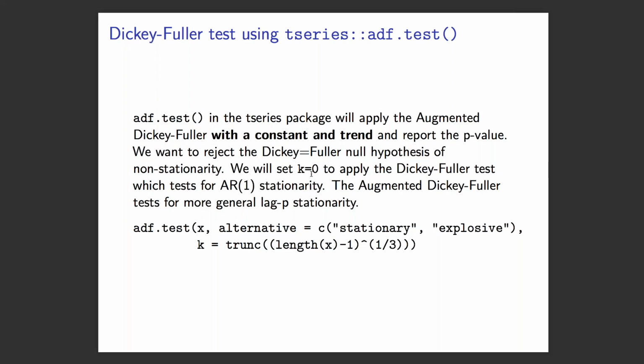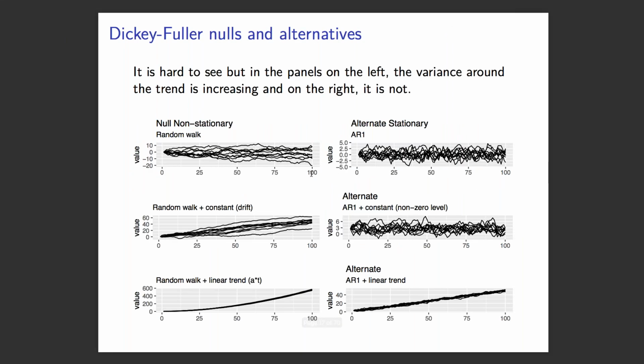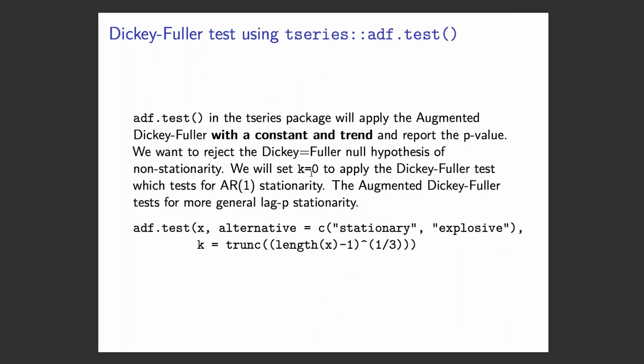This is the number of lags that are used in your stationarity model. So here I have AR1, but you could have AR(p). Maybe the stationarity isn't AR1, maybe it's AR3, something like that. So you can test lags up to k.